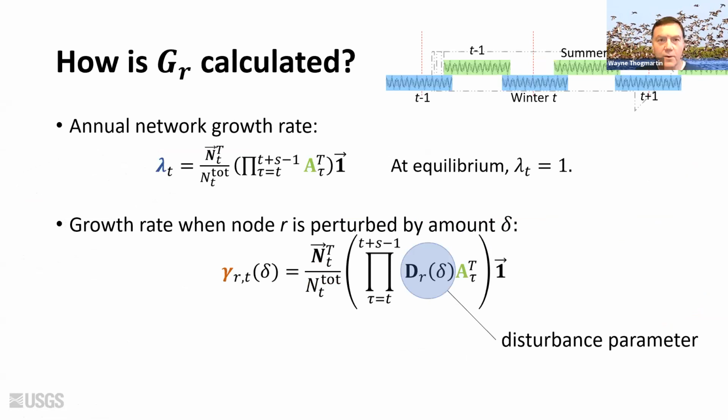So how do we calculate the G metric? The important point is that we have time series in winter and in summer, and we have to reconcile across those time series. They're not coincident with one another, and that's really the difficult problem we're facing.